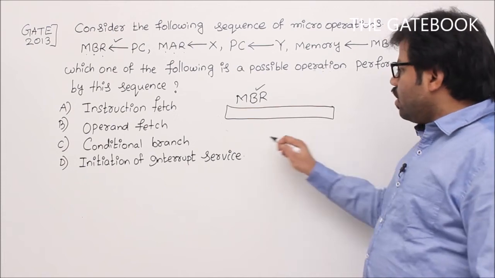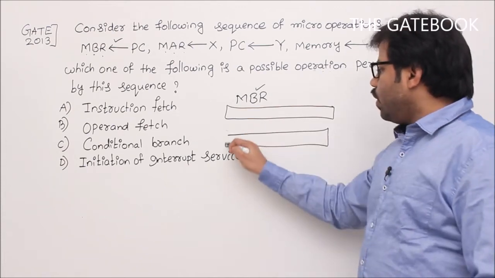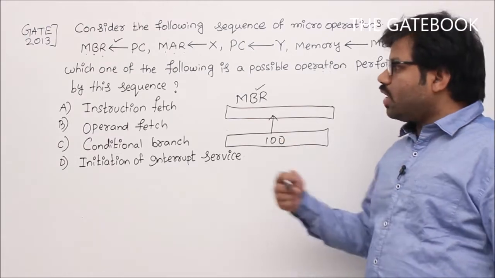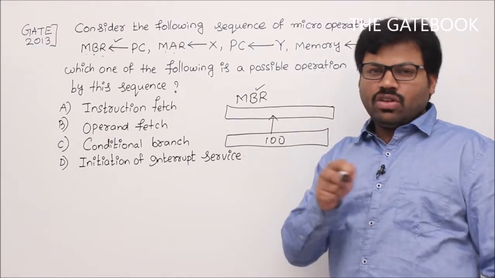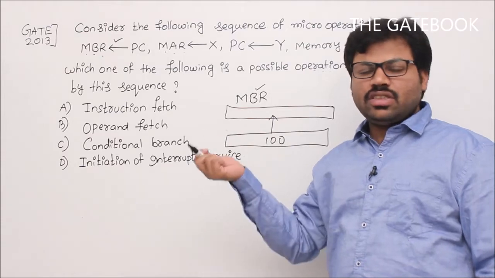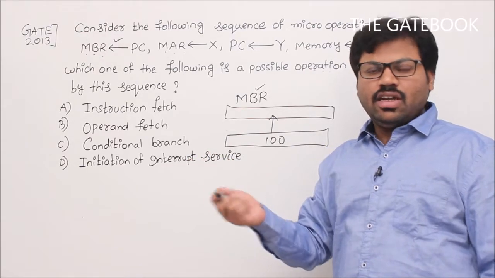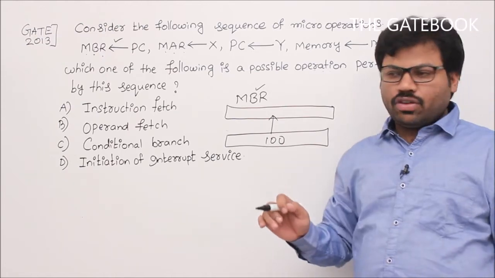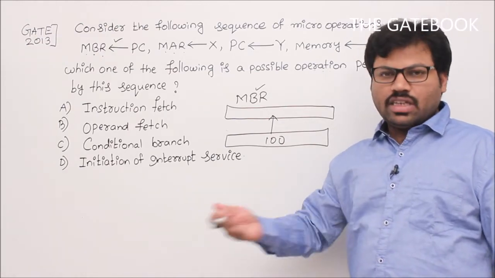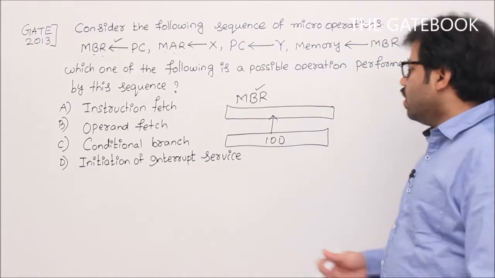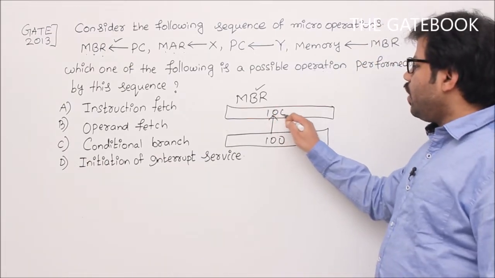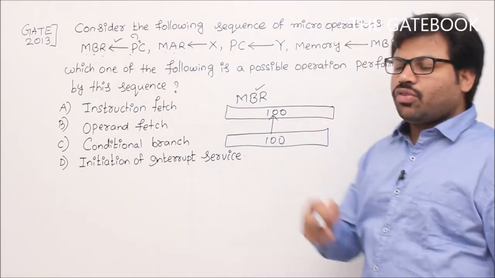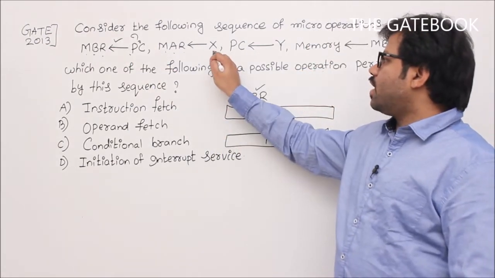So you are storing the program counter's value into the memory buffer register. For example, if it is 100, we know the program counter always points to the current instruction or the next instruction to be executed, depending on the situation, correct? Let's say at this moment it is pointing to the next instruction to be executed. That you are copying into the memory buffer register here. I don't know why; that is what we have to find out. After that, x is not mentioned.